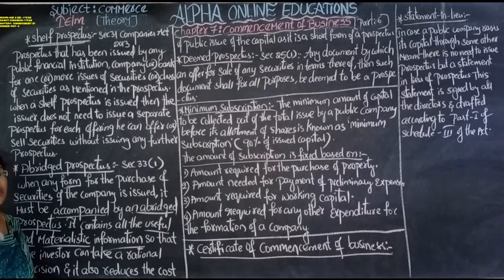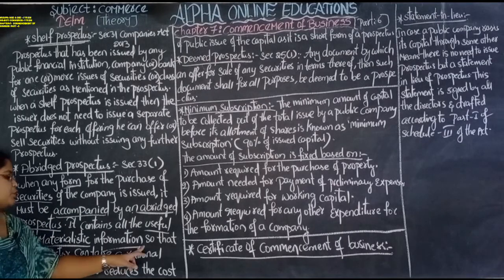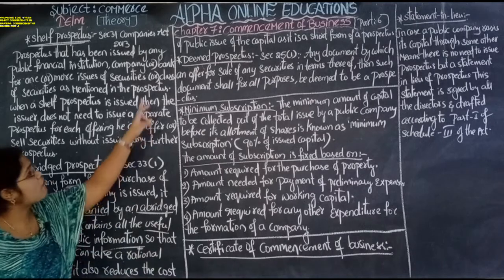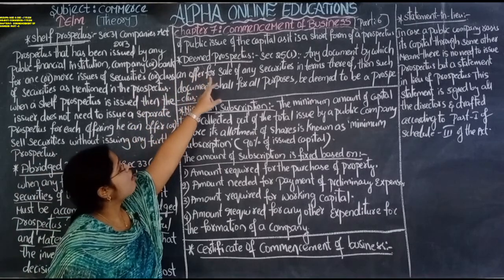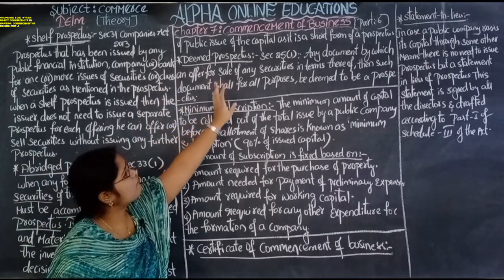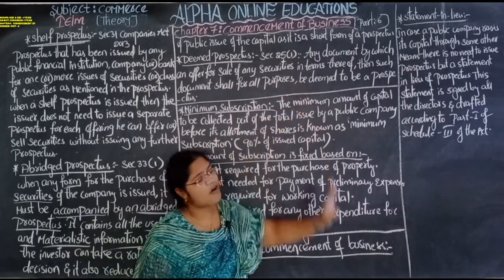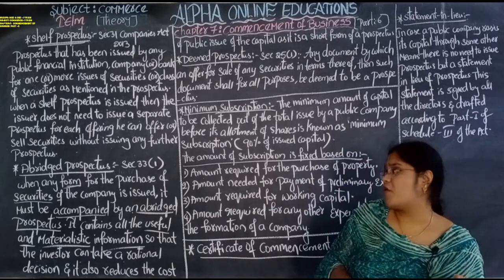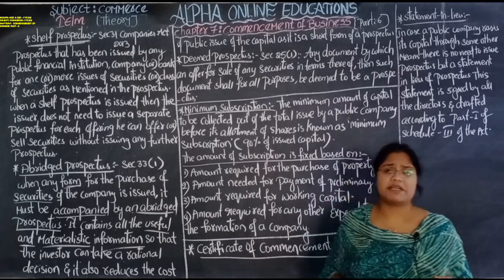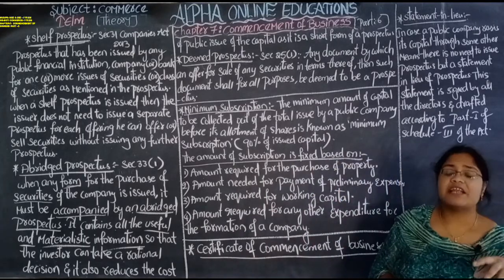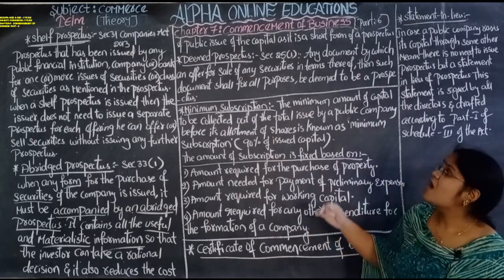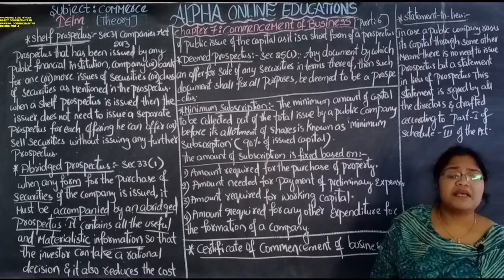It is shortened by removing all unnecessary information, so that the investor can take a rational decision, and it also reduces the cost of public issue of capital, as it is a short form of prospectus. So by issuing this type of abridged prospectus, the investor, the decision maker, can take the decision quickly, and it reduces the cost of public issue.